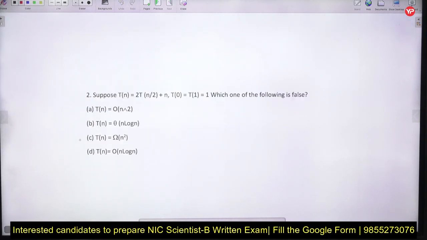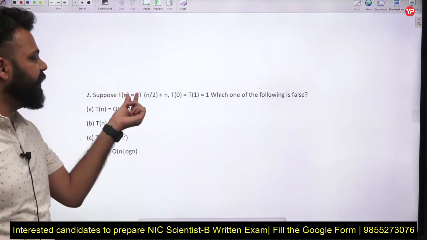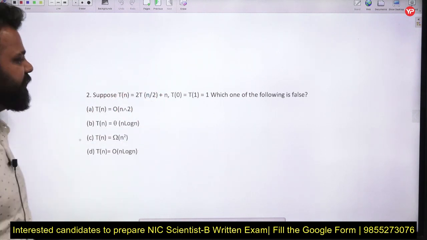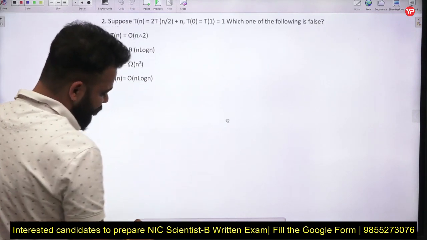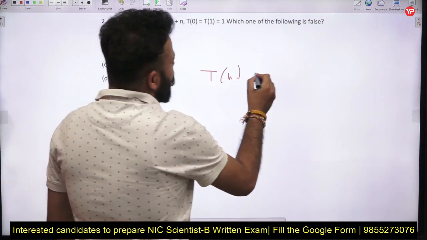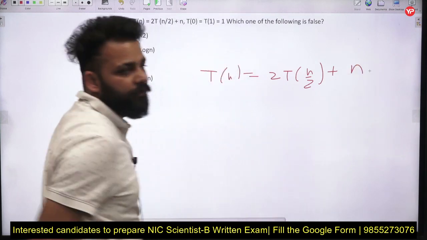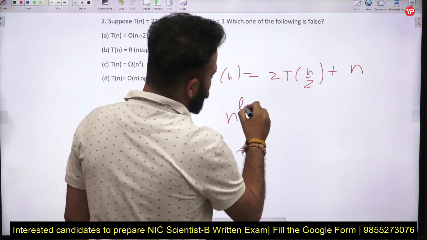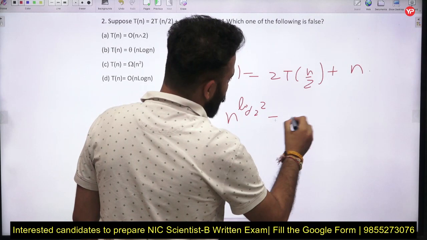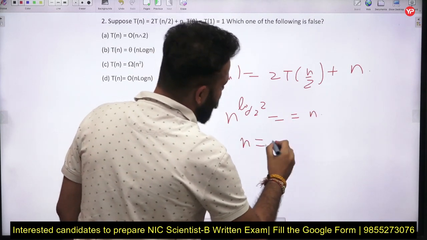Now next is, suppose that you have been given T of n equal to 2T of n by 2 plus n, which of the following is false. Now if you solve this and compare it with n log base 2 of 2, which equals n, it comes out to be n only.